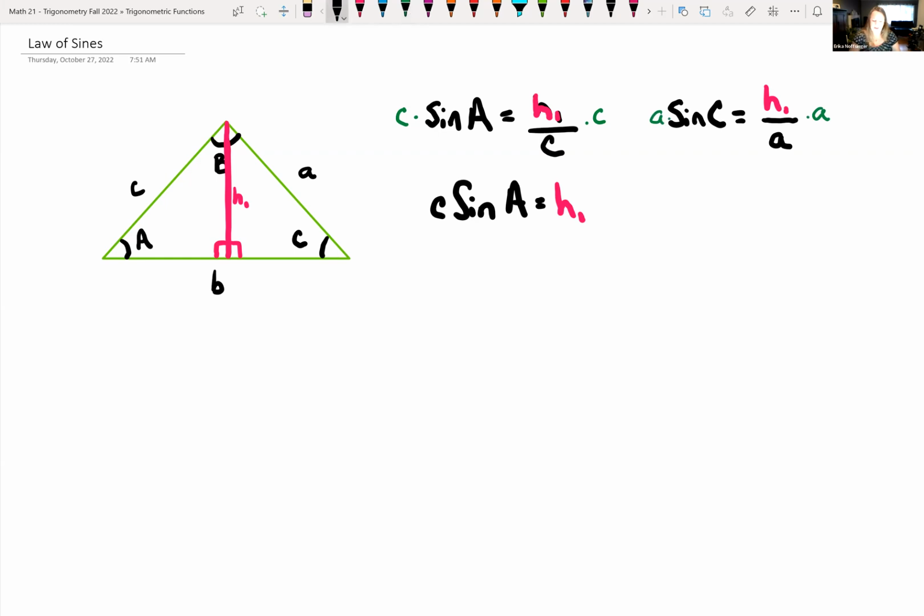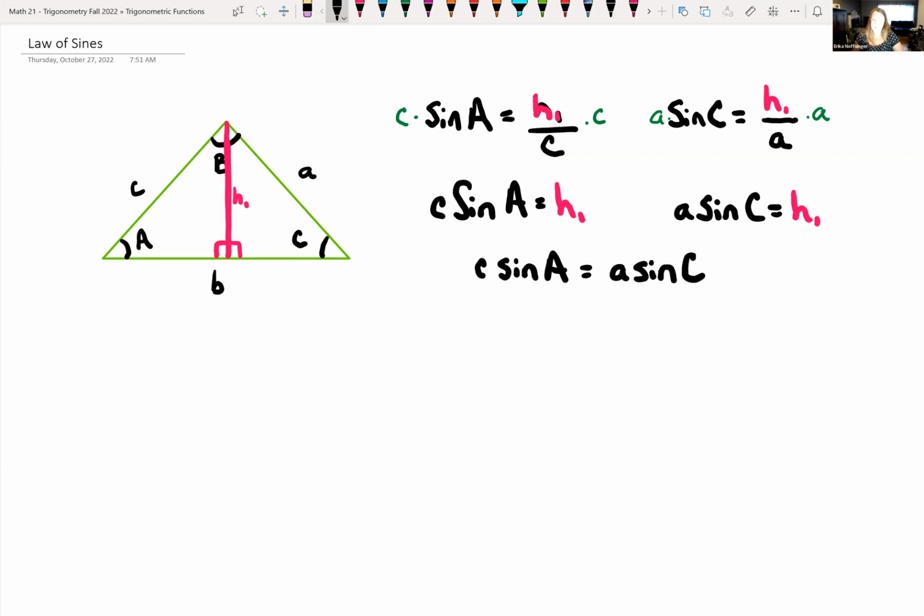So here we get a sine C is equal to h1. Now we can set these equal to each other. h1 equals c sine A, and h1 equals a sine C. So we have c sine A is equal to a sine C.